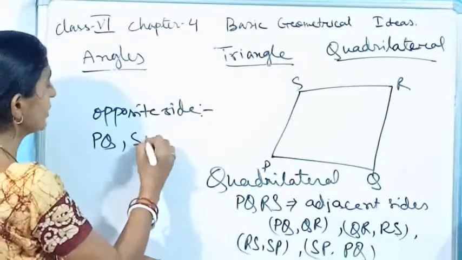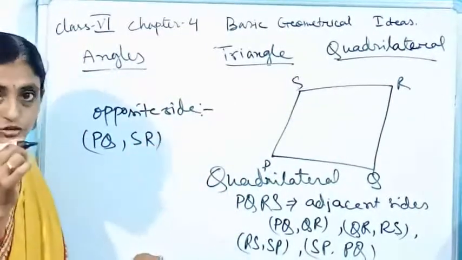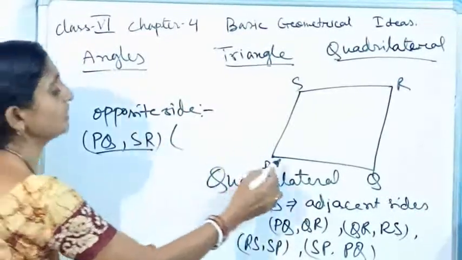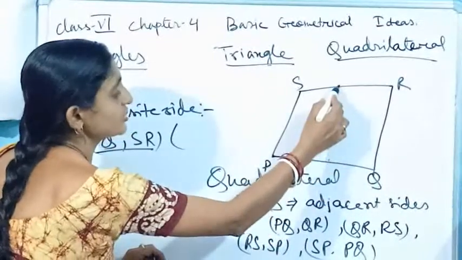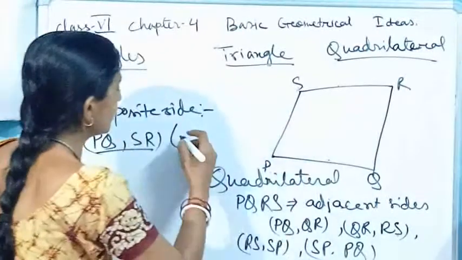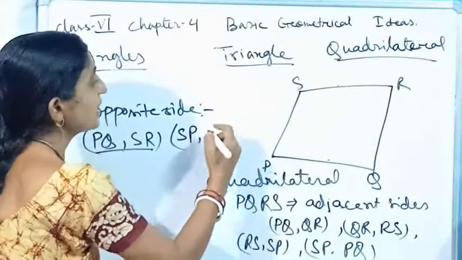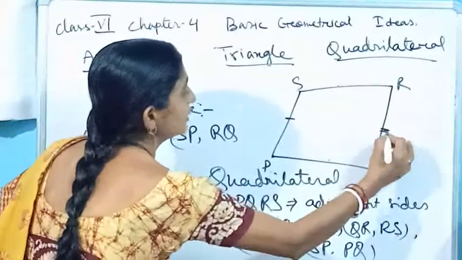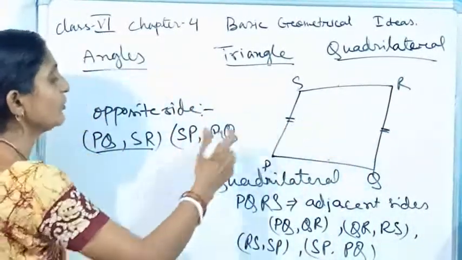Definitely it will be RS. Yes or no? PQ is opposite to RS, and they don't have anything in common. What is the other pair? Here I can write SP and RQ. This one and this one are another pair of opposite sides.